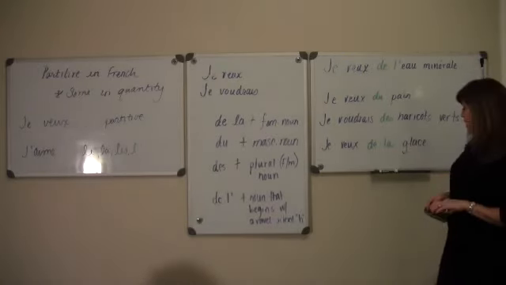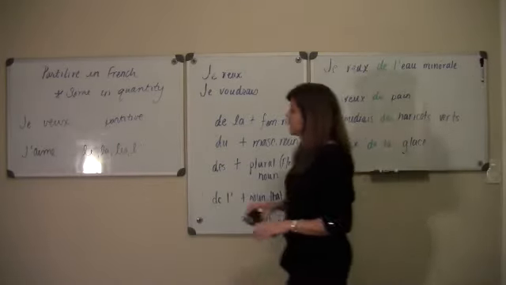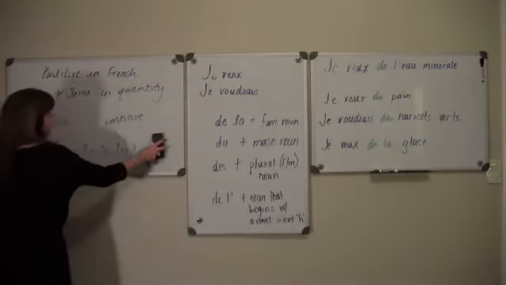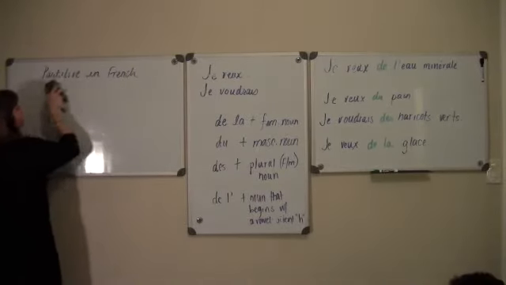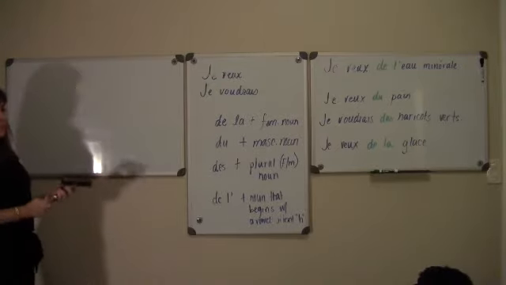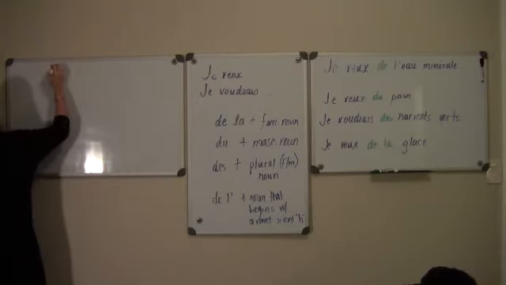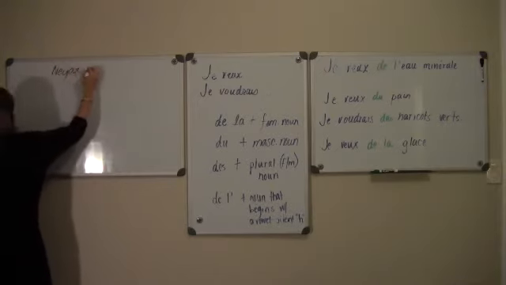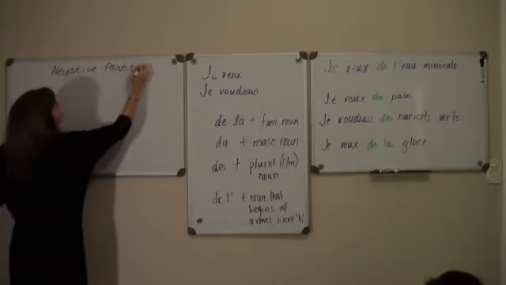So we need to add one more bit of information to our notes and to the lesson. When we're saying something in the negative using the partitive, so I don't want some, whatever the item is, we have to have a special formation. So negative partitive, we're going to call this.